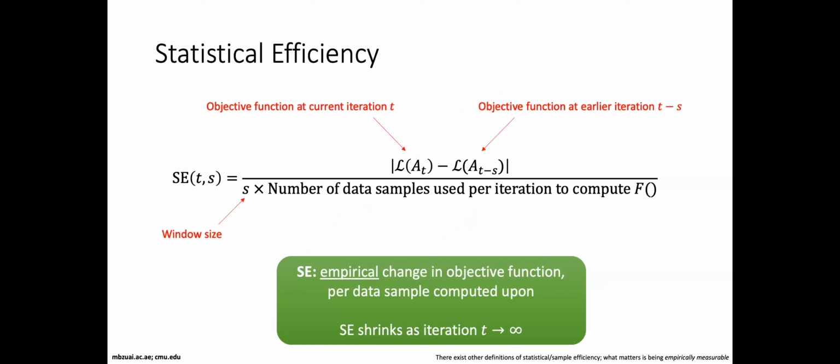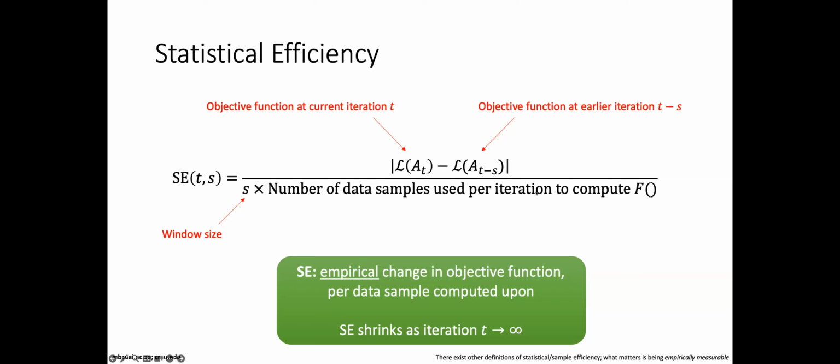Statistical efficiency. So we're going to compute this as the objective function at the current iteration t minus the objective function at the previous iteration or some number of iterations ago. We want to average that over many iterations, and we're going to divide it by the window size, which is 1 in most cases, basically the previous iteration, or S if we're going over multiple iterations, times the number of data samples used per iteration, right?